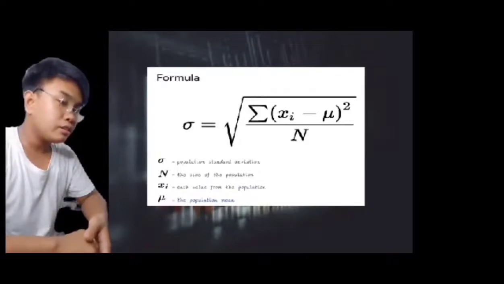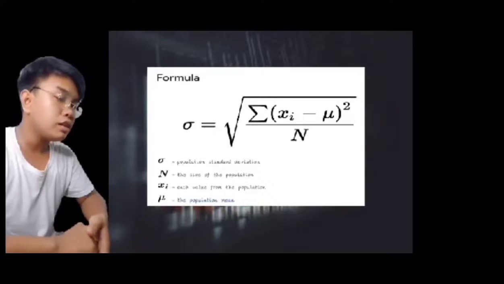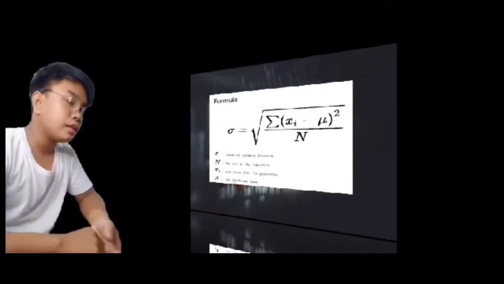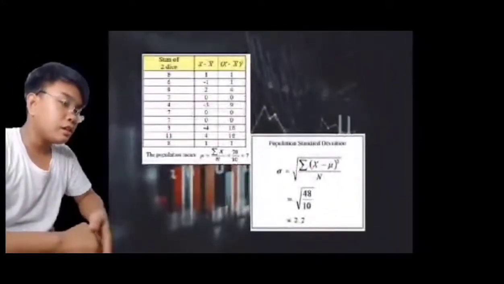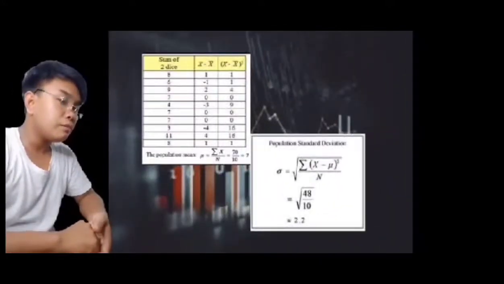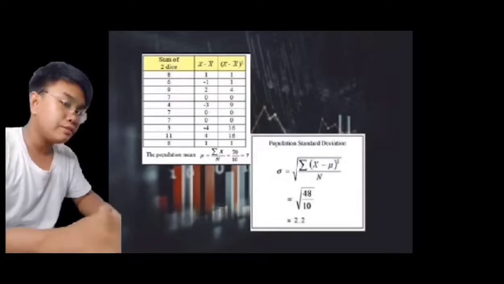Standard deviation is equal to the square root of the summation of the quantity x sub i minus mean squared over n minus 1. Just like in the variance, we also need the table and the mean to find the standard deviation.